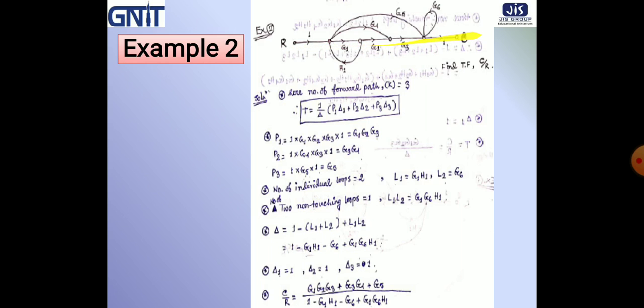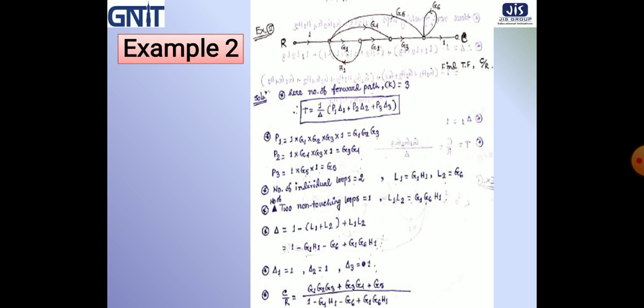This is our path 1, and these two loops are all connected with path 1. So there are no loops present which are not connected with path 1. So our delta 1 will be 1.